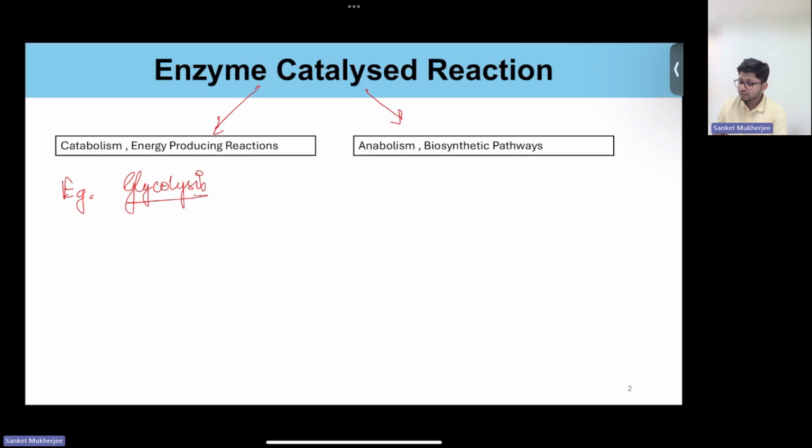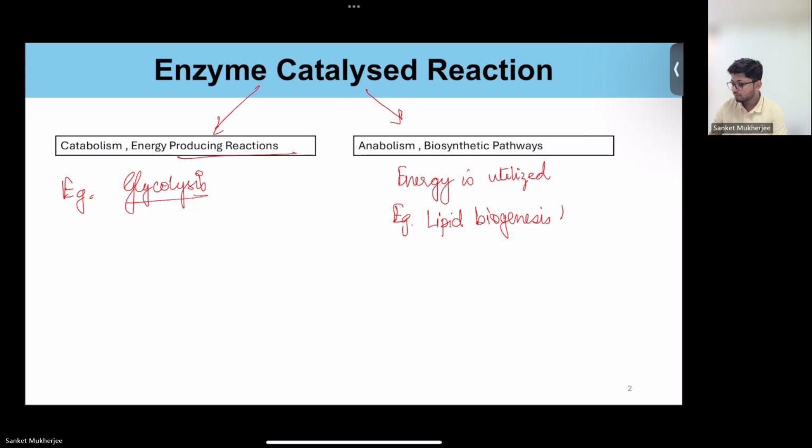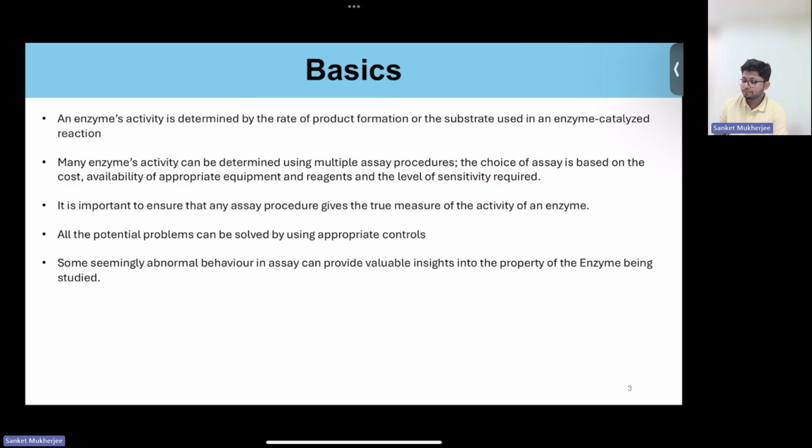So here, energy is utilized. Here it is produced, right? Examples could be the lipid biogenesis pathway or something like that. We have anyway discussed catabolism and anabolism.